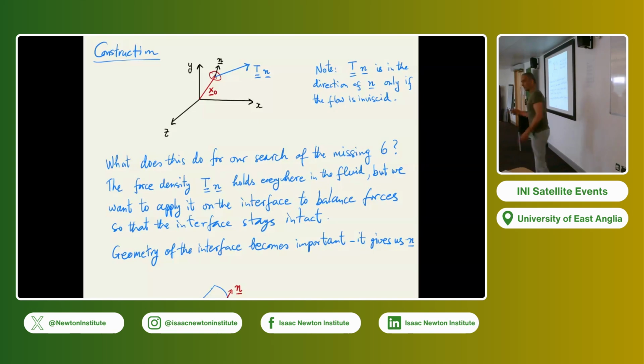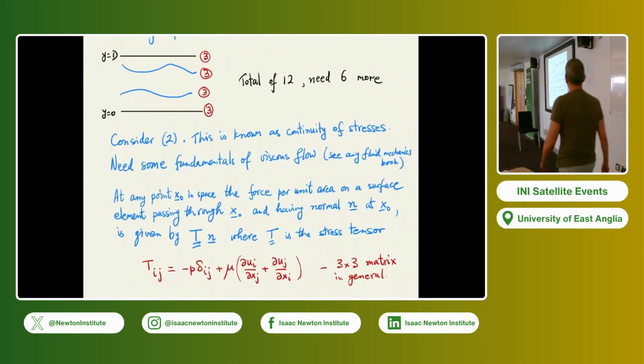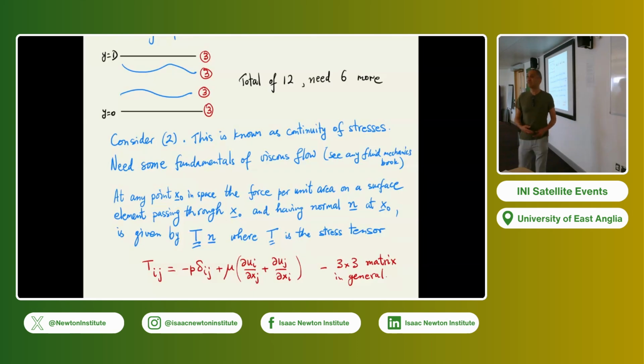So let's just go back a second and notice something. If I look at this stress and I drop viscosity, so there's no viscosity, this term is gone, then the stress tensor is just minus p delta ij. So what does that say? It says that the force at this point is always going to be in a direction parallel to the normal n, which is what we learn in fluid mechanics.